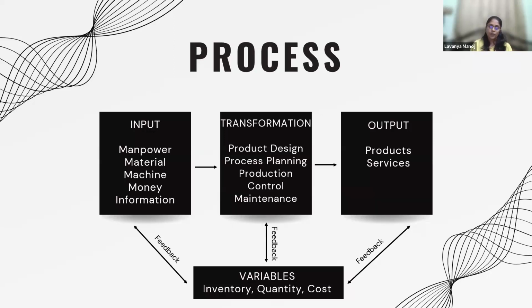So what kind of information will be input? This is when things are being passed from one level to another level, or from one department to another department, information regarding the process or regarding the product or service. So if a company is assembling a new kind of mobile phone, the information about that mobile phone passes.